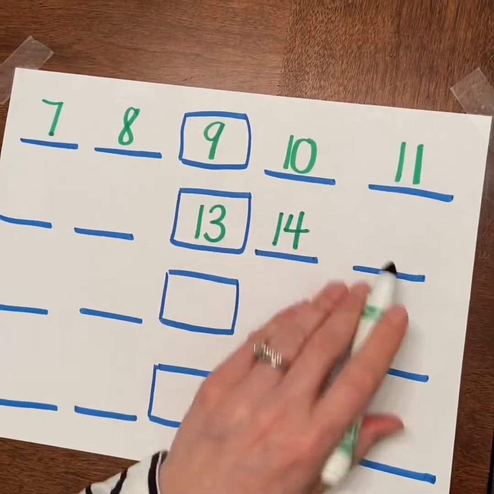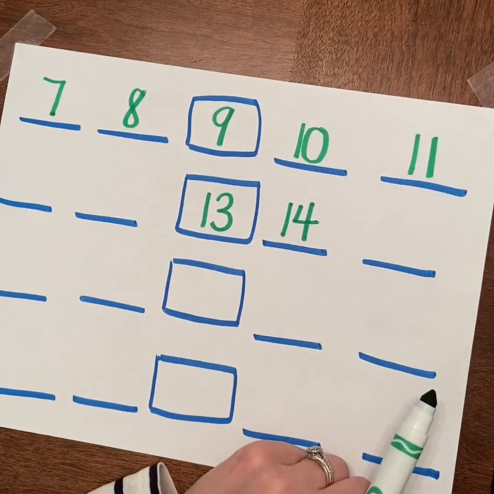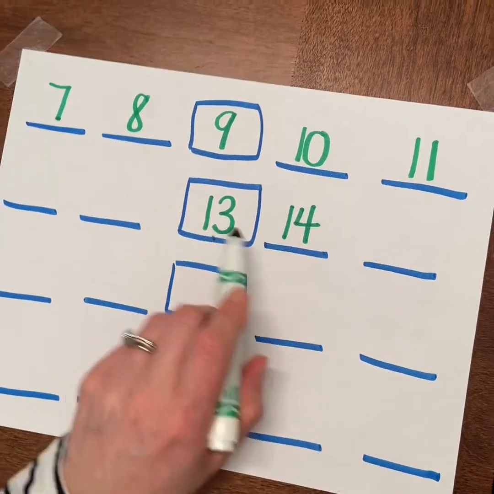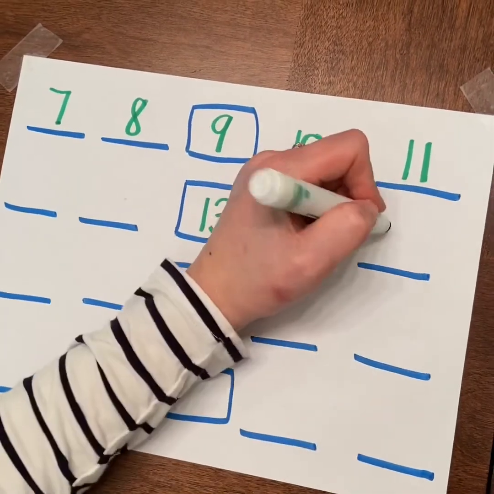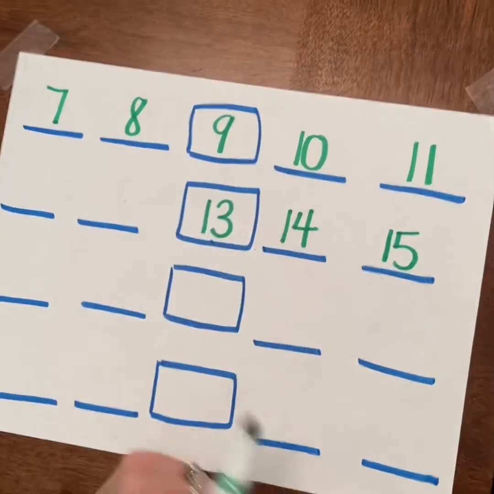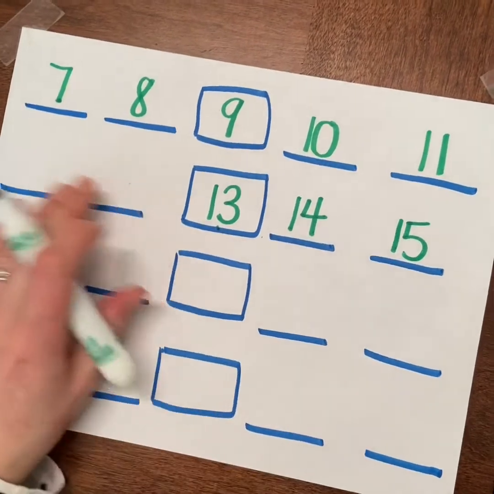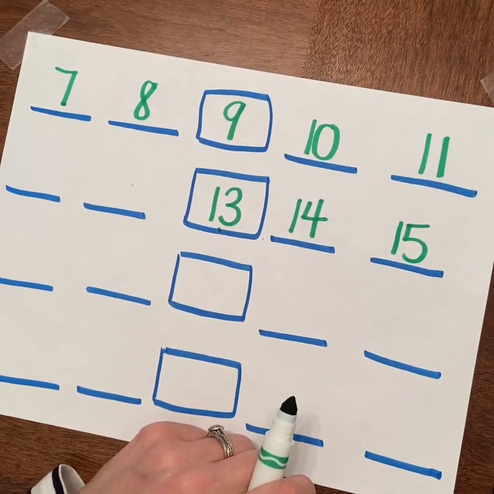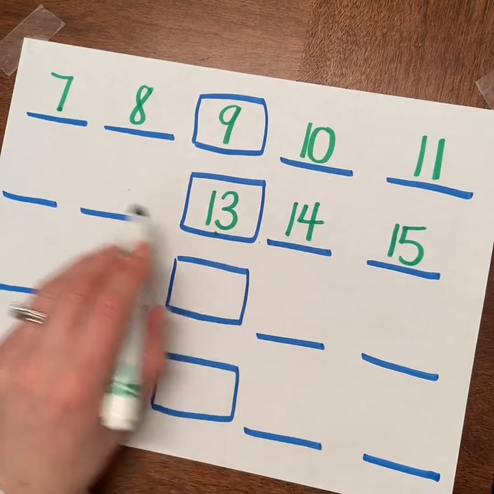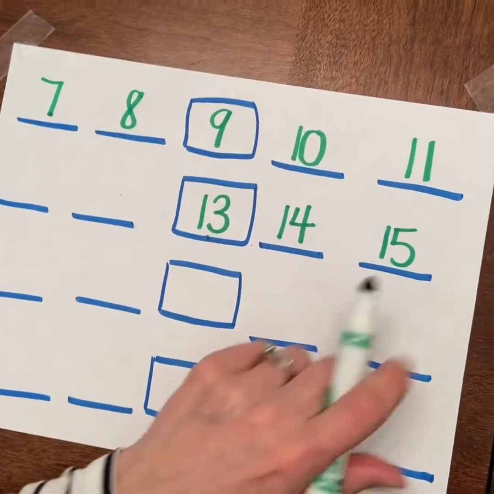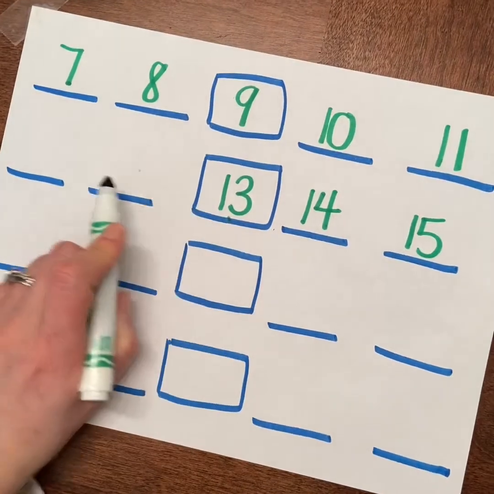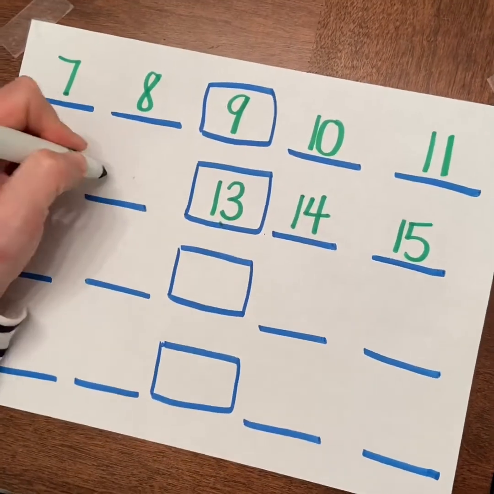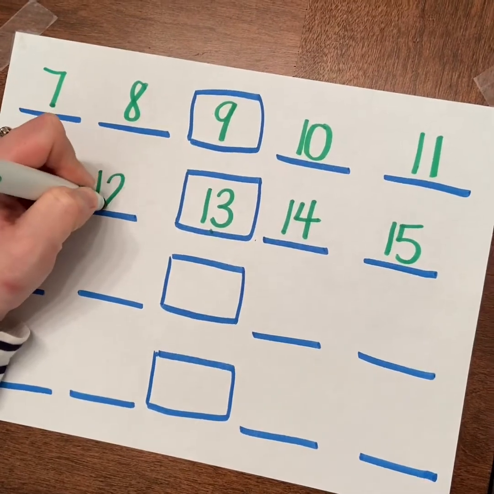14, and what comes after 14? 13, 14, 15. Remember, as we're going, if you know it already, you can start filling it in. You don't have to wait for me. What comes before 13? This is a little tricky. 15, 14, 13, 12.